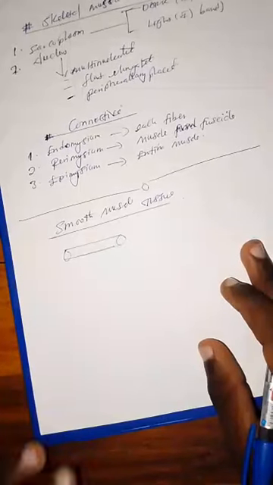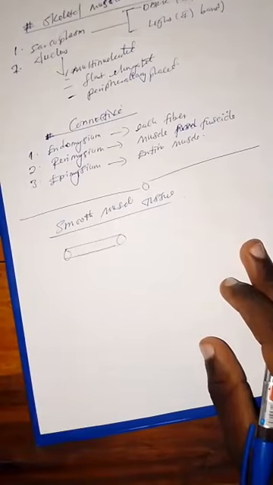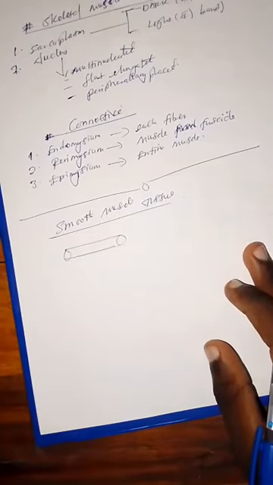What is the function of these smooth muscles? They have involuntary contractions. Then they also propel substances, like peristalsis in the GIT. They are in the GIT, because when you swallow food, there will be movement there, which is called peristalsis.